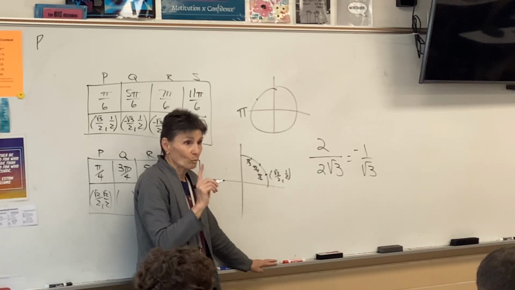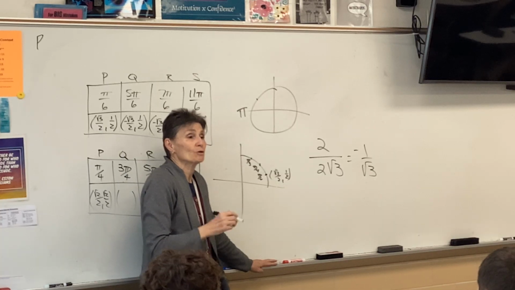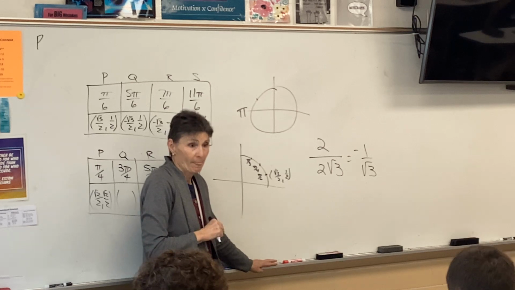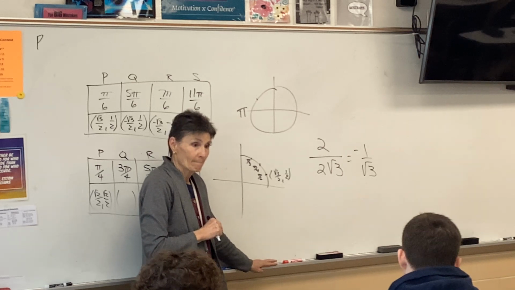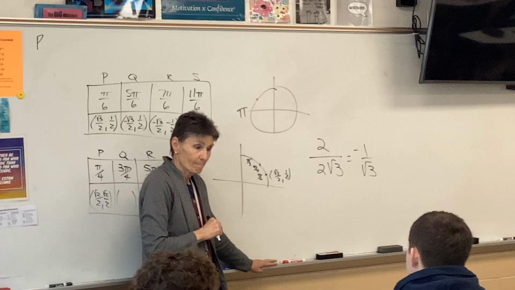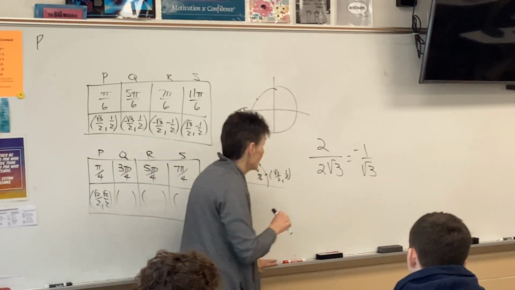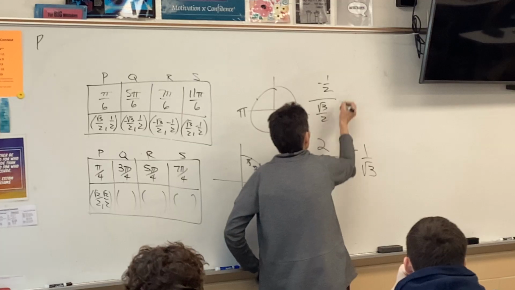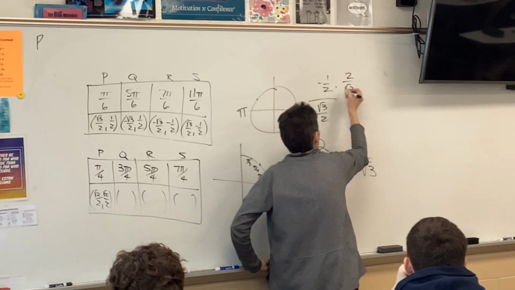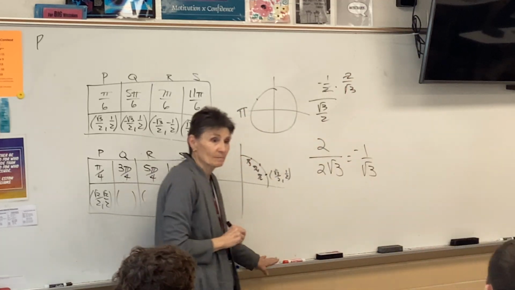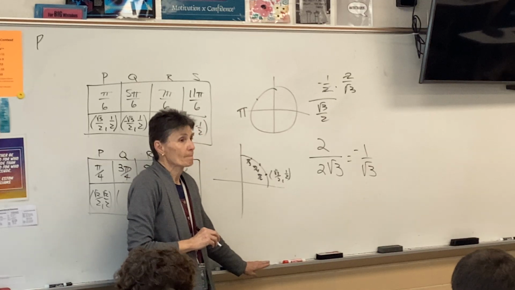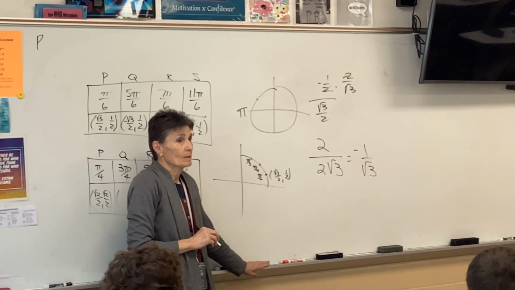So you got the right number, you just want to make sure you reduce it and get that sign correct. Negative 1/2 divided by root 3 over 2, division by a fraction, right? Multiply by the reciprocal.